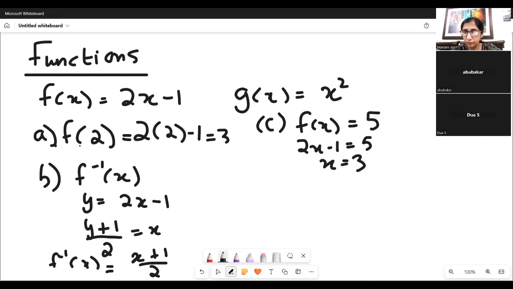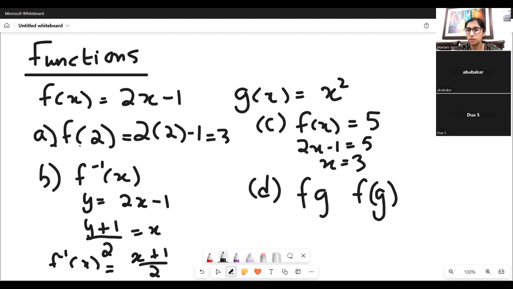So if you've done O levels and not IGCSE, you wouldn't know what fg is. fg means that now instead of x, the input is g. So just like f(2), what do we do in f(2)? Replace this x with 2.